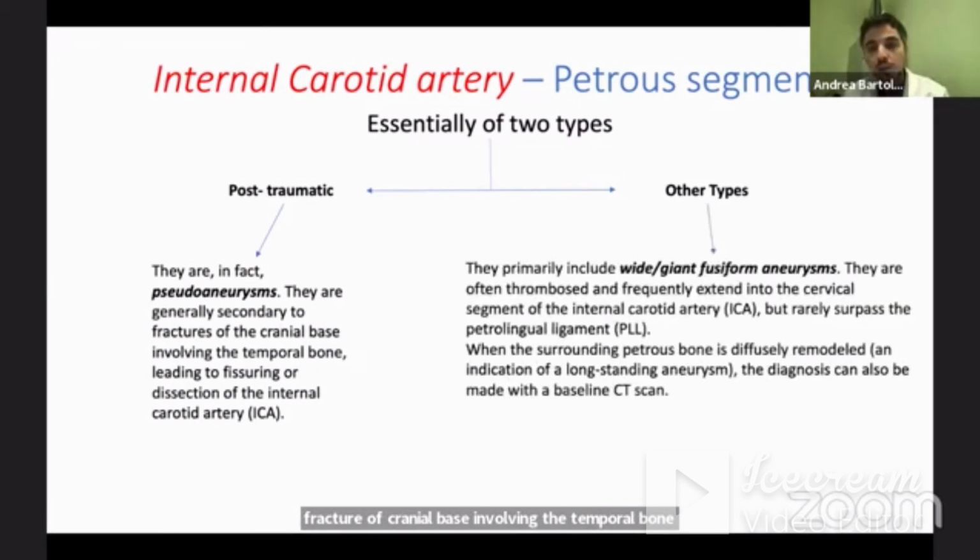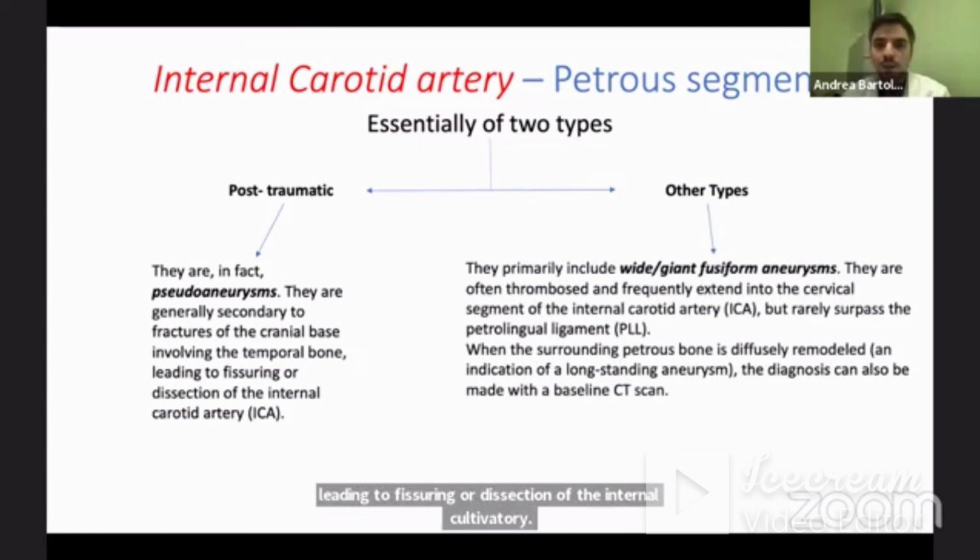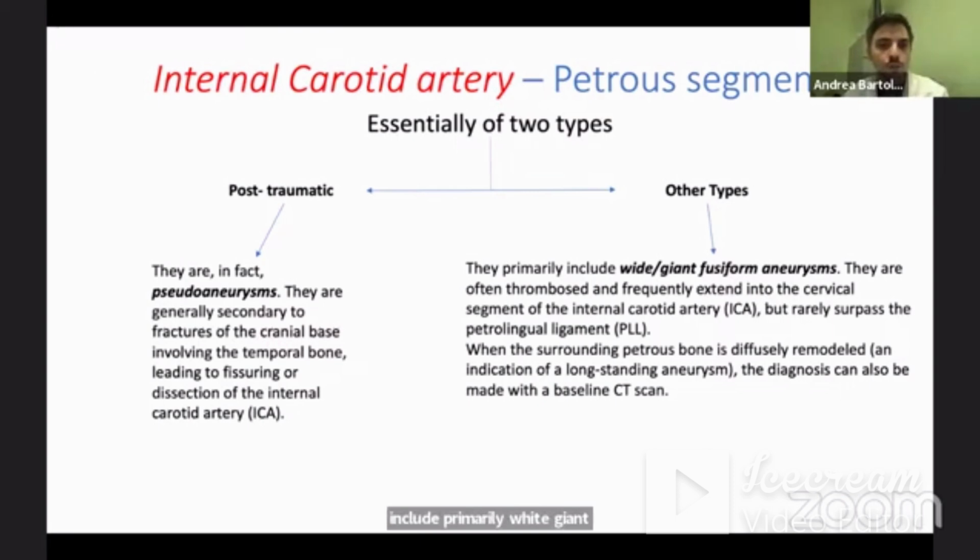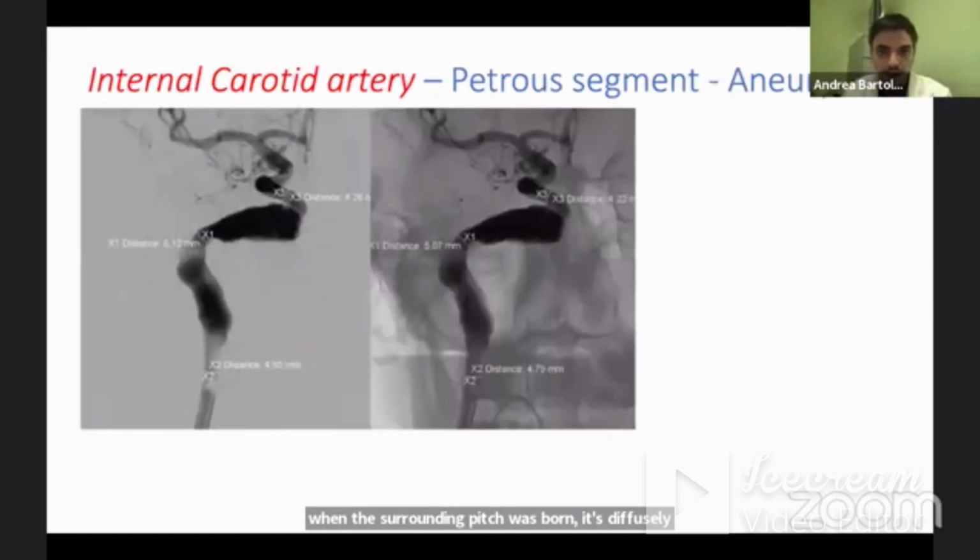Other types of aneurysms include primarily wide giant fusiform aneurysms. They are often thrombosed and frequently extend into the cervical segment of the internal carotid artery, but rarely they surpass the petrolingual ligament. When the surrounding Petrous bone is diffusely remodeled, the diagnosis is simple. We can make the diagnosis even in a CT baseline scan.